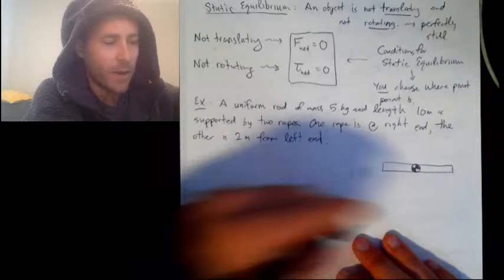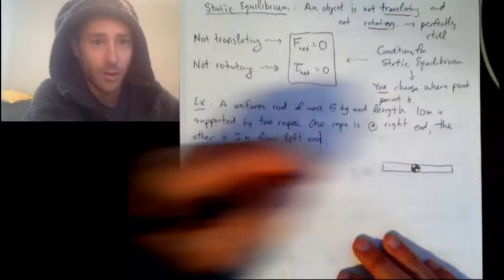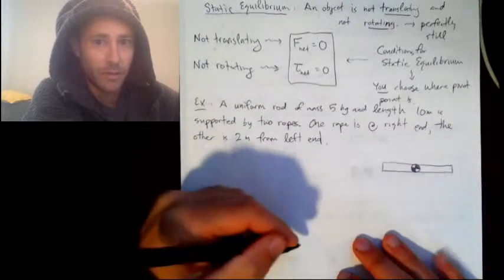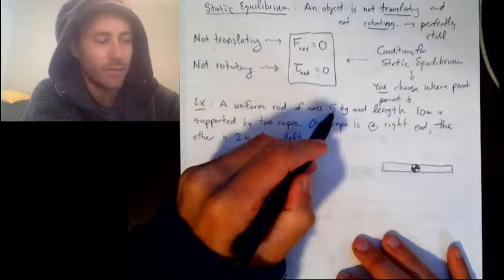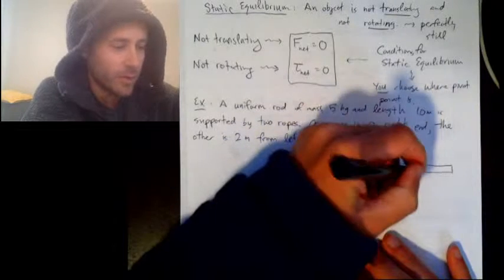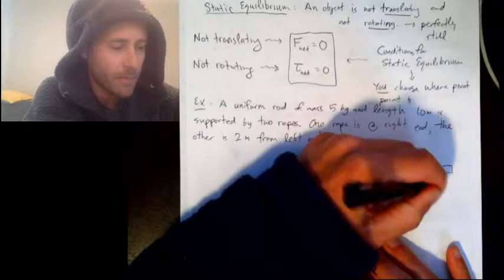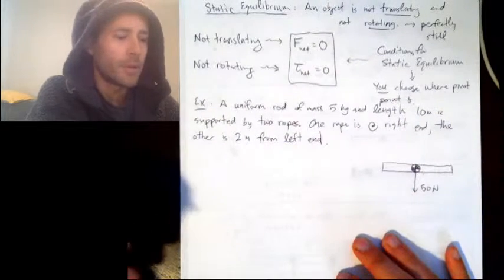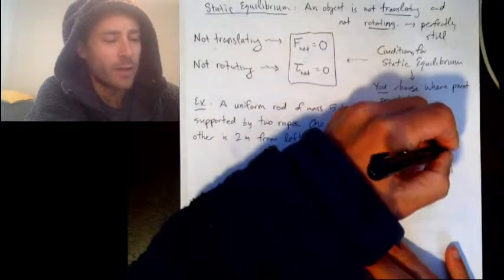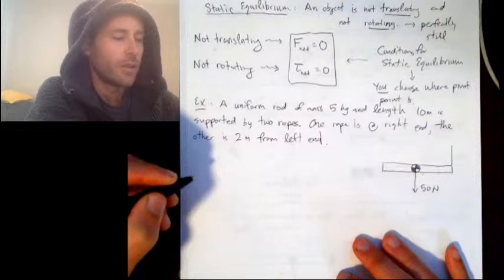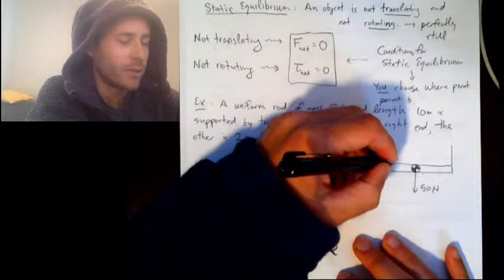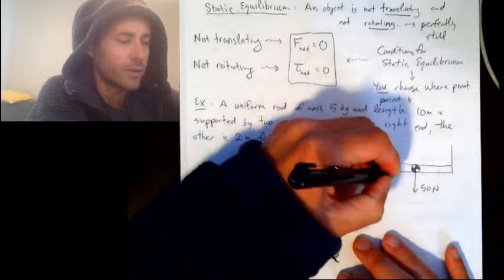And we know that the weight force acts as if it were going through the center of mass. The weight force is going to be 5 times gravity, which would be 50 newtons. And then there's a rope right here on the right end, and there's a rope 2 meters from the left end. So this distance right here is 2 meters.